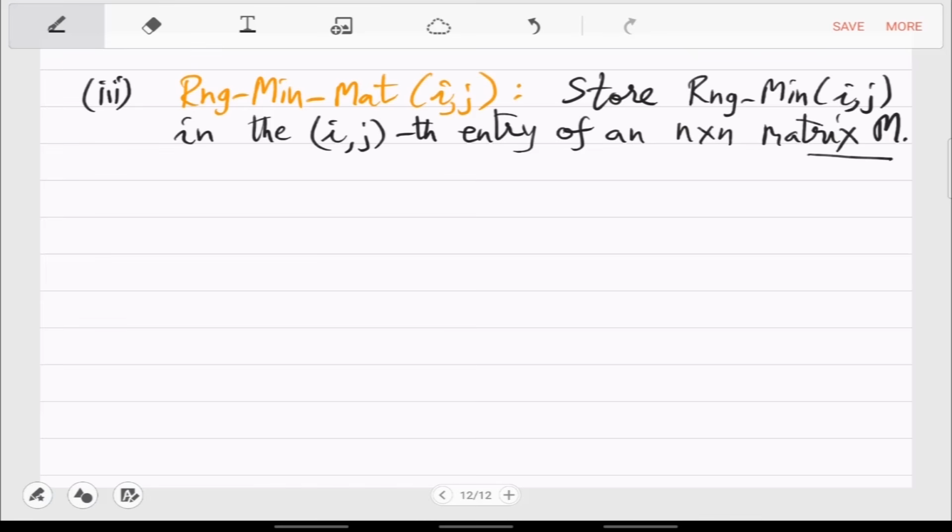Because your n cross n matrix is computed and stored somewhere in a hard disk, say, and after that whenever you want to solve range min i comma j, you can just point to that location, right? So this is a one-time investment.